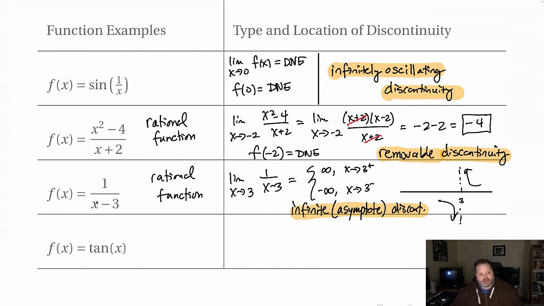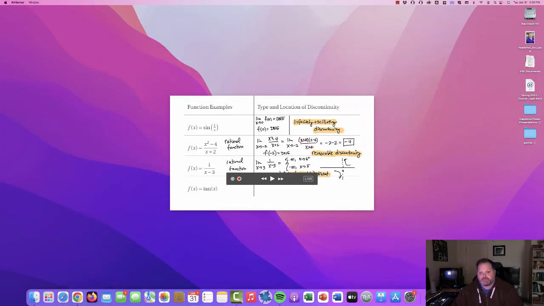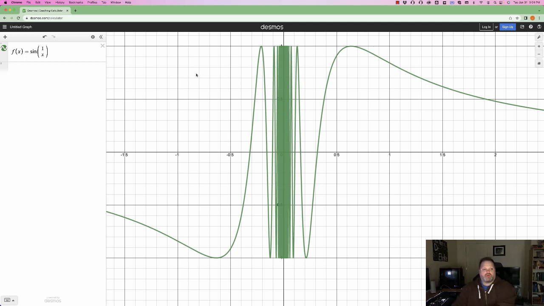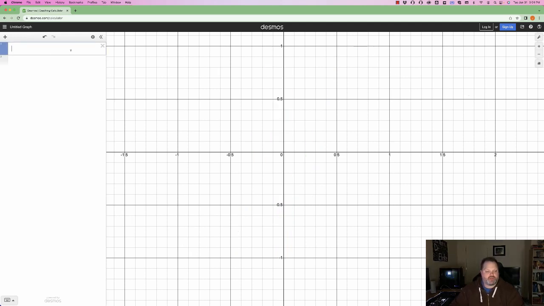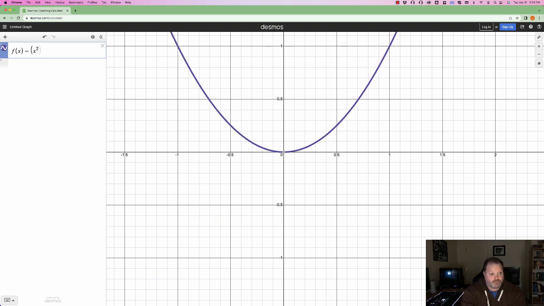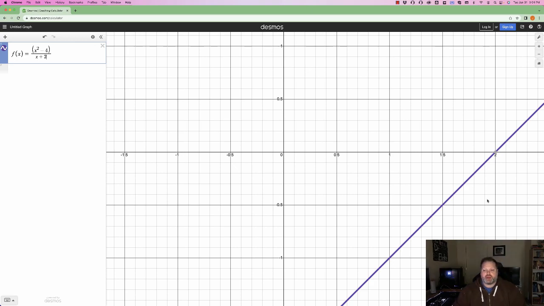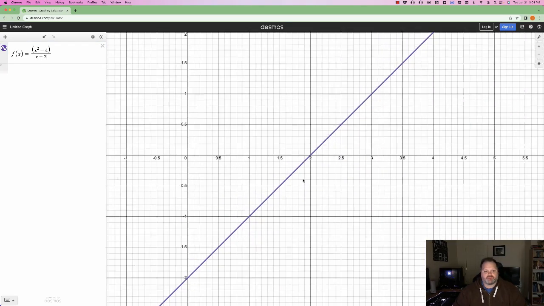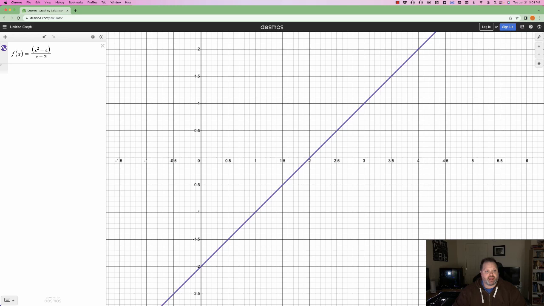So let's jump back into Desmos real quick and talk about these last two rational functions. So we'll start with the one that had the removable singularity. It was x squared minus 4 over x plus 2. And the interesting part of this graph certainly is what's happening at -2.